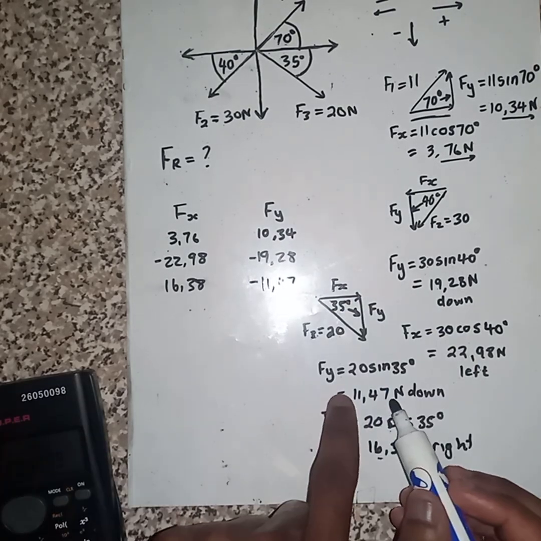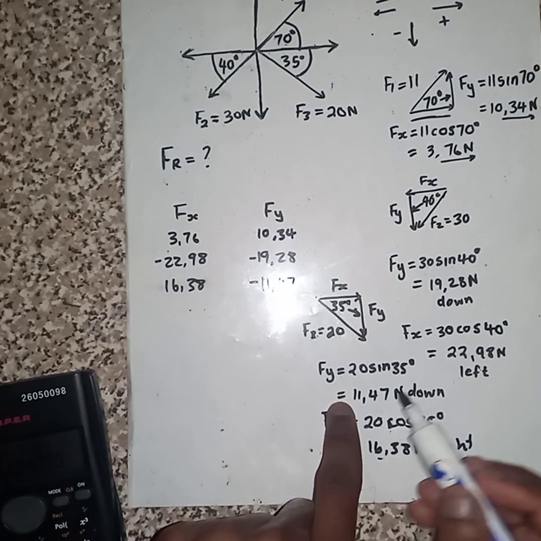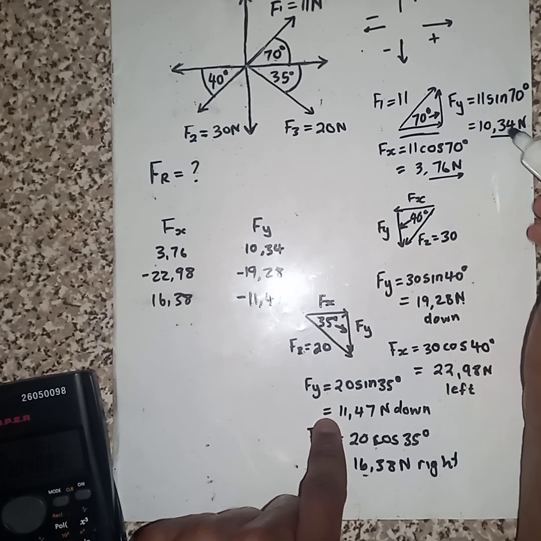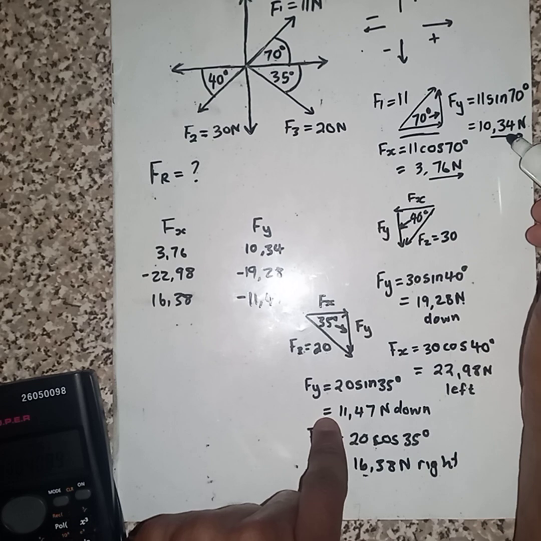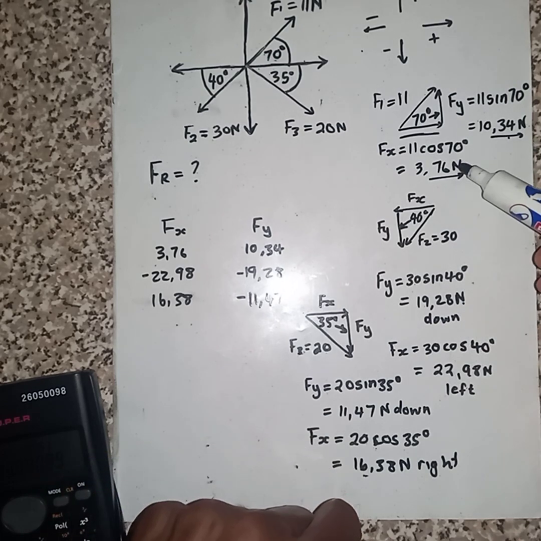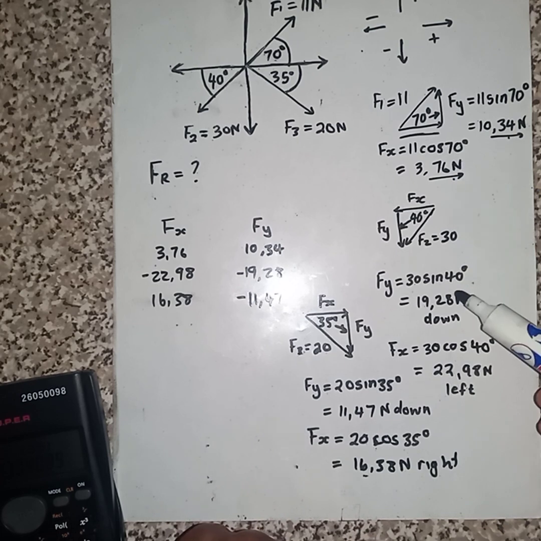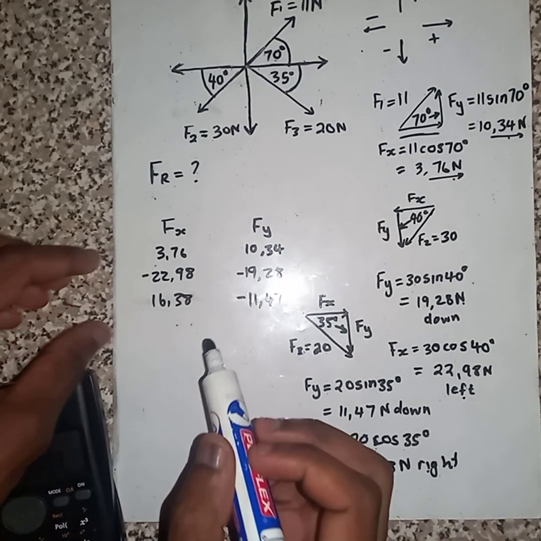Let's see, for y is 11. We have 19 down. We also have 10 up. Then for x is 3 to the right. Yes, correct. Also have to the left. Also have to the right.